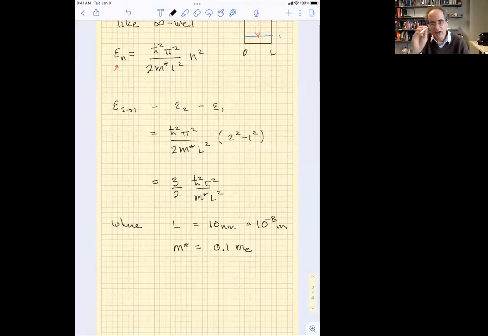So there's something called the longitudinal mass and something called the transverse mass, and they're not the same. But the lighter one is about 0.1 times the mass of an electron. So we can take this to be about 1 times 10 to the minus 31 kilogram. Okay. So go ahead now and figure out the transition energy from state 2 to state 1.